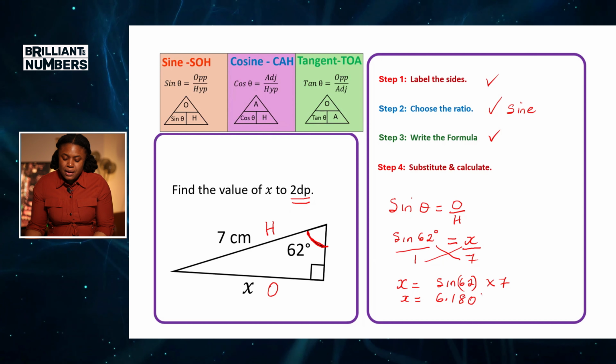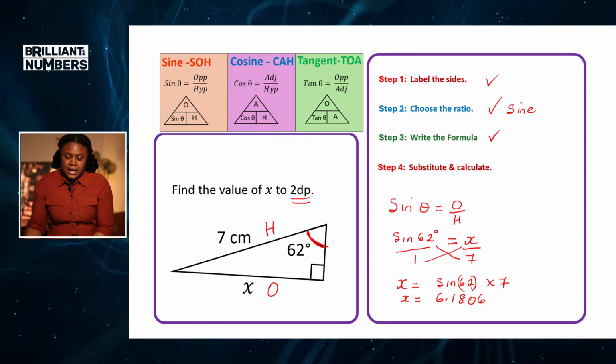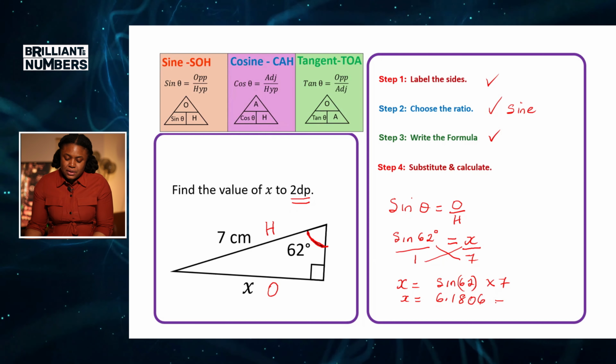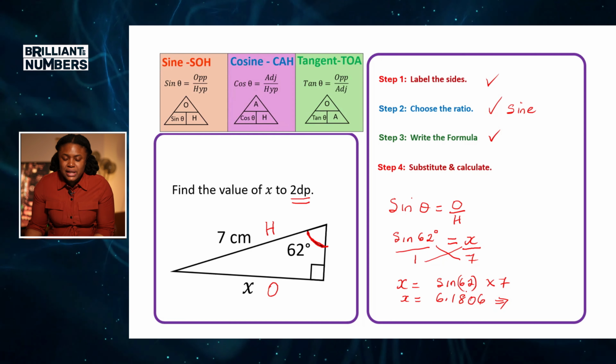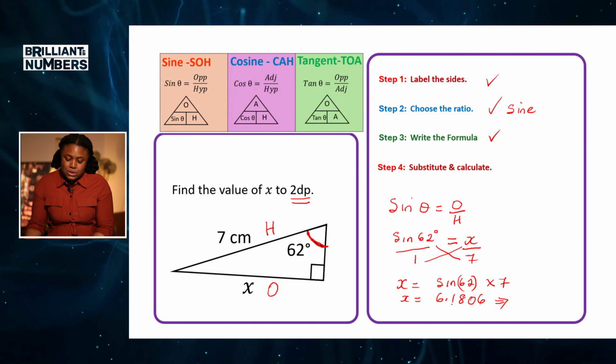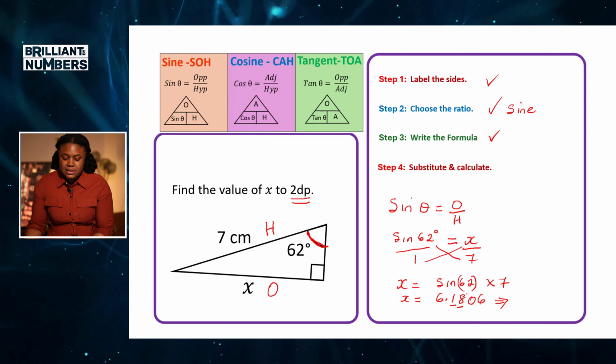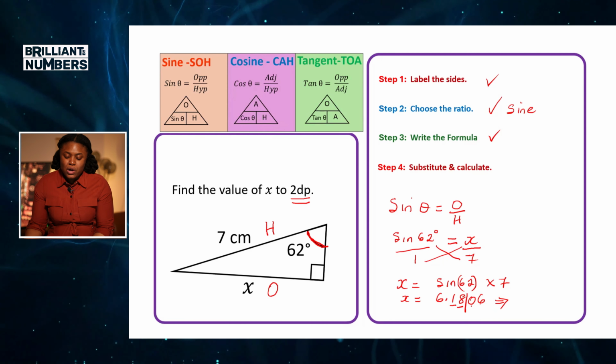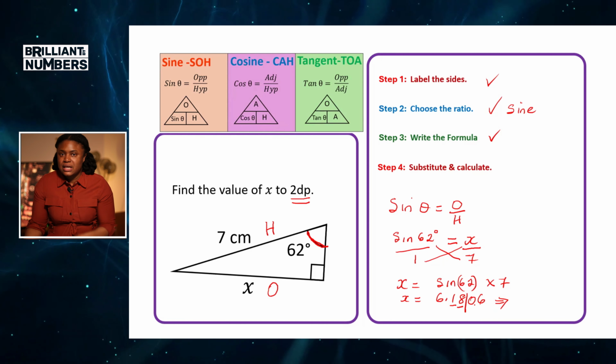So the answer is 6.1806. I'll just put 4 DPs there, and then my final answer, because I was asked to round to 2 decimal places, I will count 1, 2 places after the decimal, then check the digit after those 2 positions. Remember, if we have 4 or below, we round down, and if we have 5 and above, we round up.